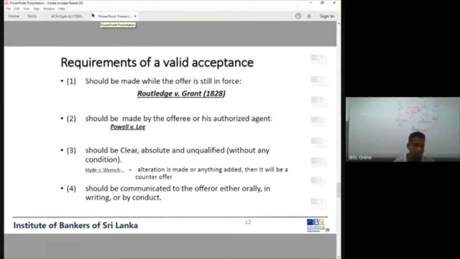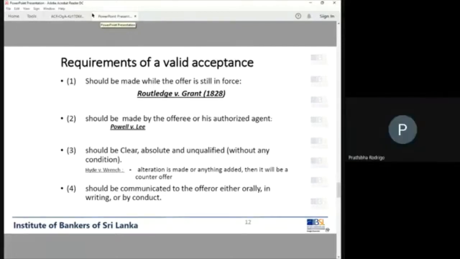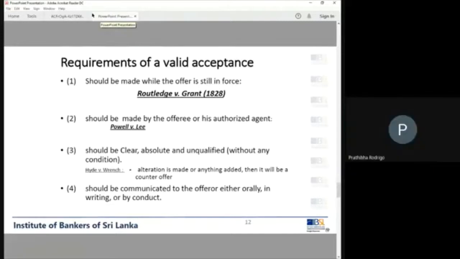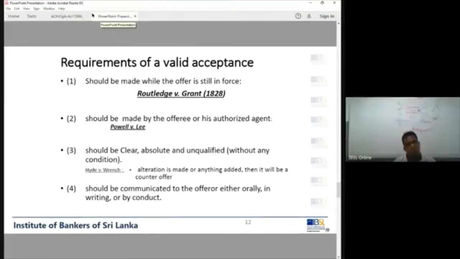Is that answer enough for you? No, sir, it's clear. Any other questions? Yes, is it needed to mention the offeree's agent to the offeror? That means how the offeror should identify the correct agent. Right.